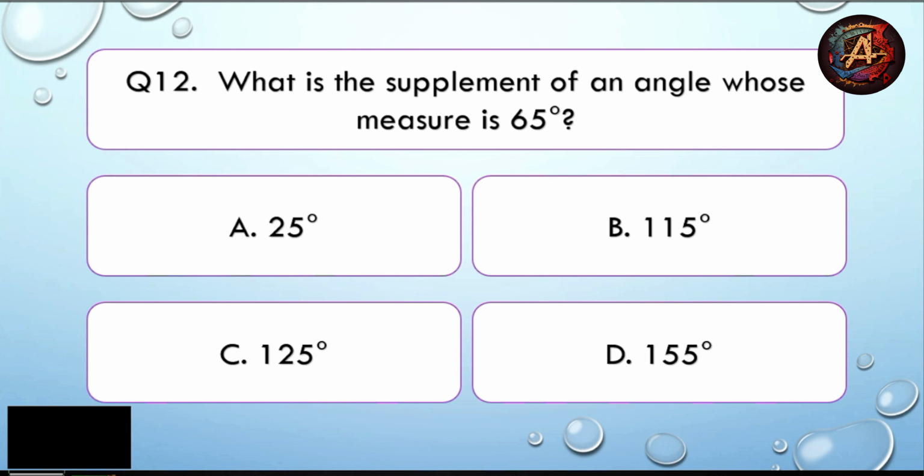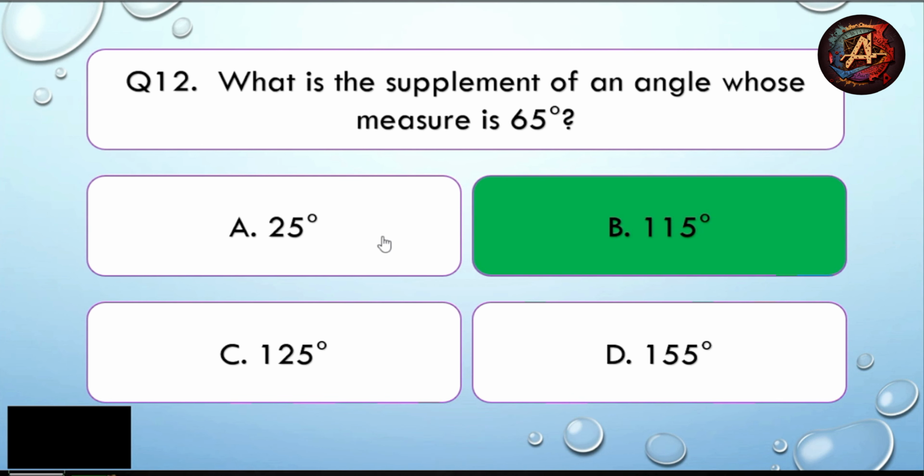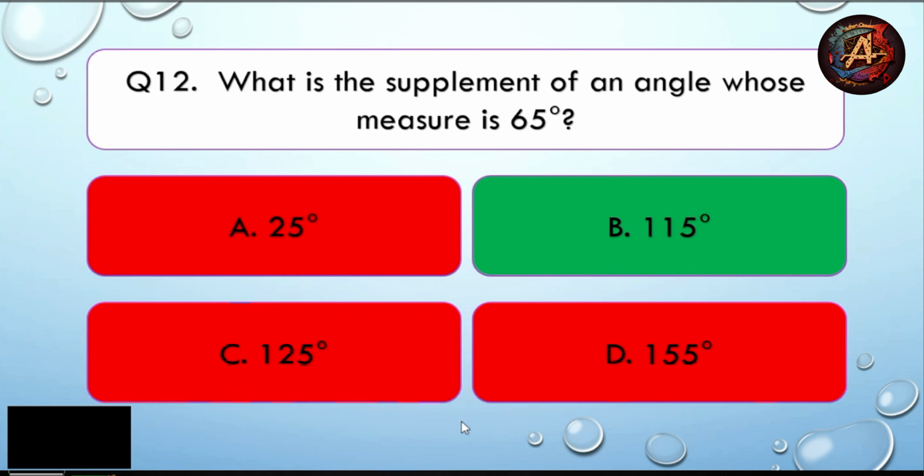So what is needed by 65 degrees in order for it to become 180 degrees? You just subtract 65 from 180. So 180 minus 65 will give you, very good, 115 degrees. All right, so the correct answer is letter B. Easy, right? So now let us go to question number 13.